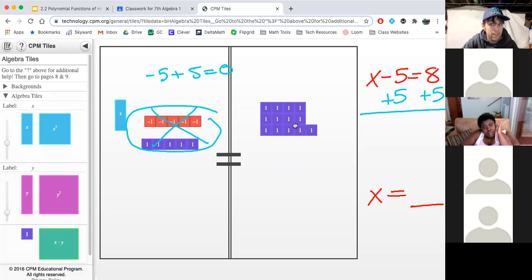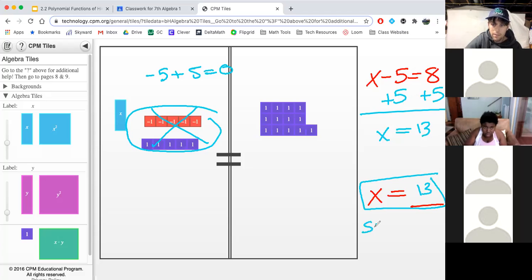They're all positive tiles, so I just need to figure out how many I have. So I have 1, 2, 3, 4, 5, 6, 7, 8, 9, 10, 11, 12, 13, which is 8 plus 5. So I get X equals 13, and that is our solution. X equals 13.